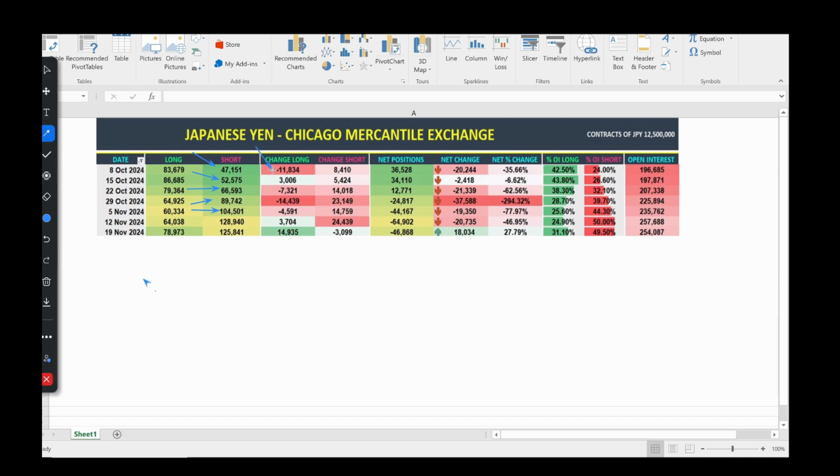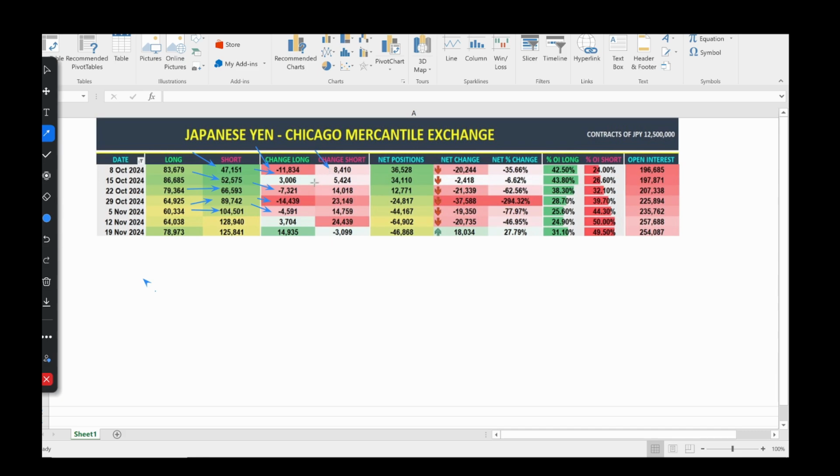Here, 11,000 longs were closed. They added 3,000, which wasn't in any way comparable to the ones they had closed initially. Then they closed more, 7,000 positions. They closed 14,000 positions, closed 4,000 positions, all the while adding the short positions in the yen.